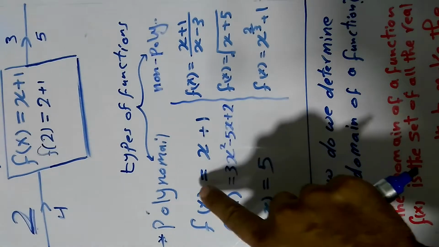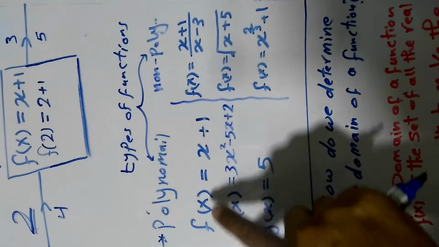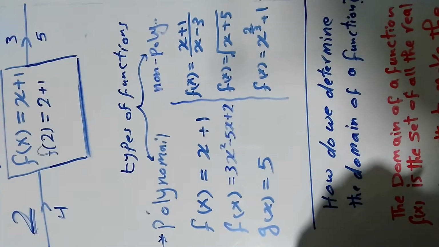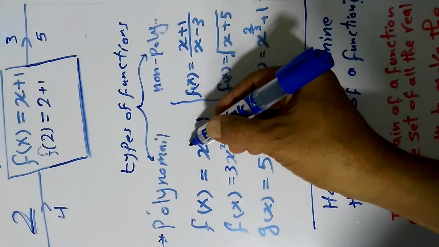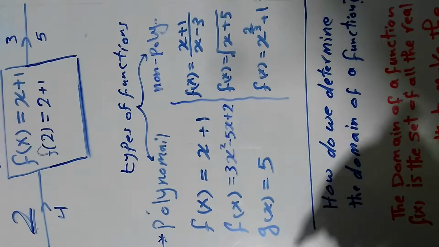Like these examples here: f of x equals x plus 1 is a polynomial. Why? Because the power here is 1, a natural number.